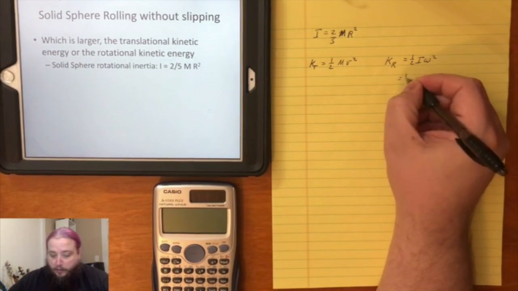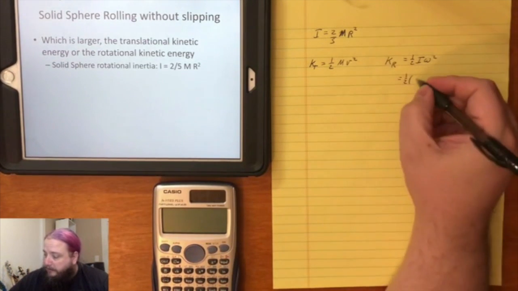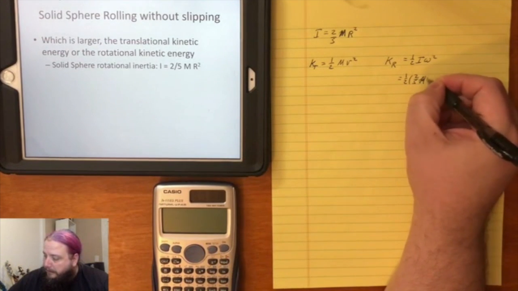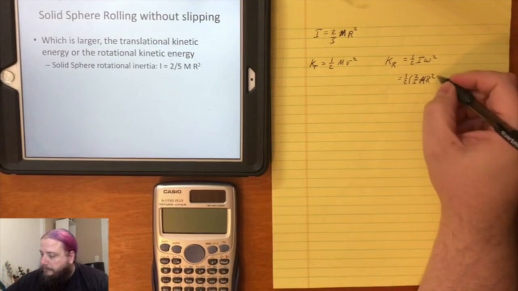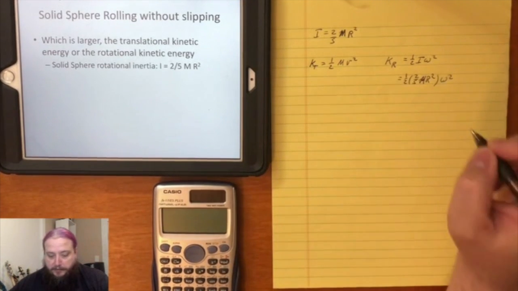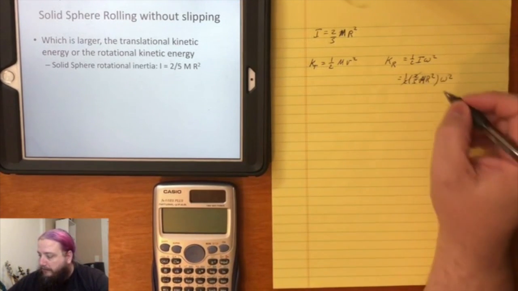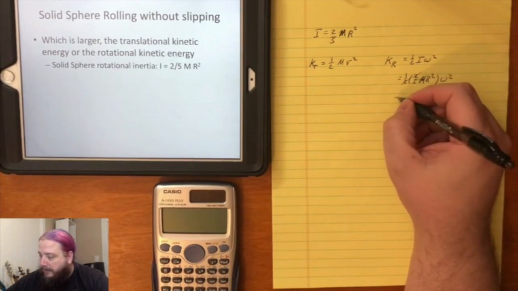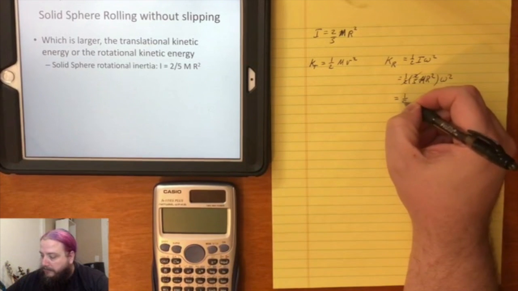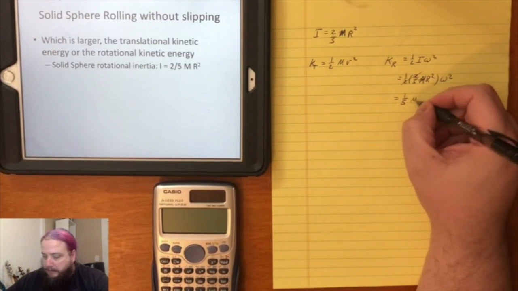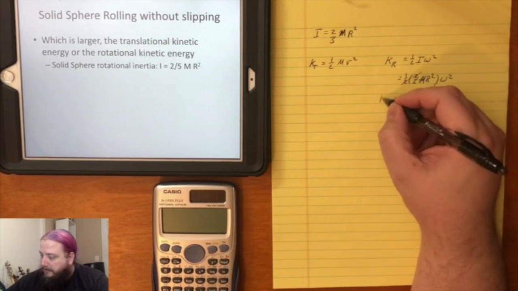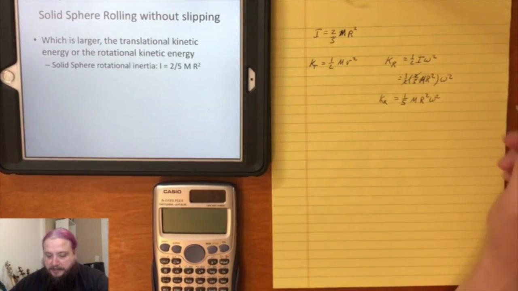So this is 1/2 times 2/5 m r squared times omega squared. The 1/2 and the 2 cancel, and that gives us 1/5 m r squared omega squared as the rotational kinetic energy.